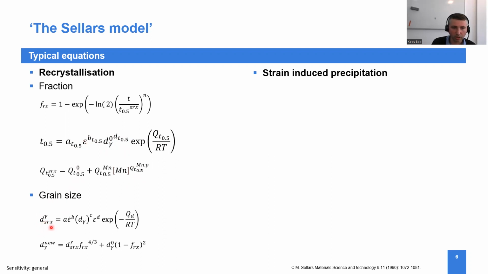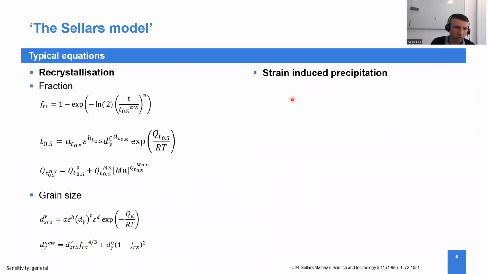So the grain size after recrystallization given here is again some kind of power law function of the strain rate, in this case also including the initial grain size, the applied strain, and the temperature. And it is a mean field model, which also means we work with mean quantities. So if you only have incomplete recrystallization, so the fraction does not reach 100%, you apply a kind of averaging scheme so that again you have one average grain size for your next iteration.